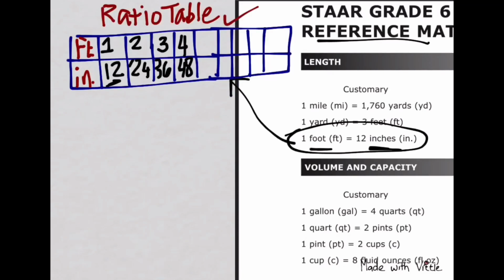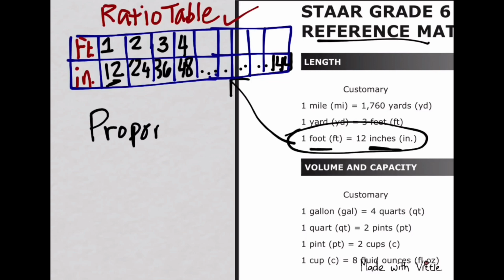So a ratio table can be helpful when we are working with smaller numbers. But what if we are given bigger numbers, such as, for example, 144 or something bigger? You cannot create a longer table for this. Maybe you can, but it will take a lot of time. So to save time, we're going to use a proportion.